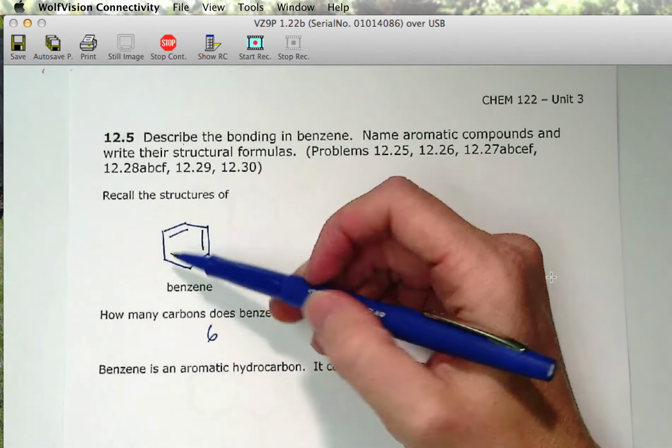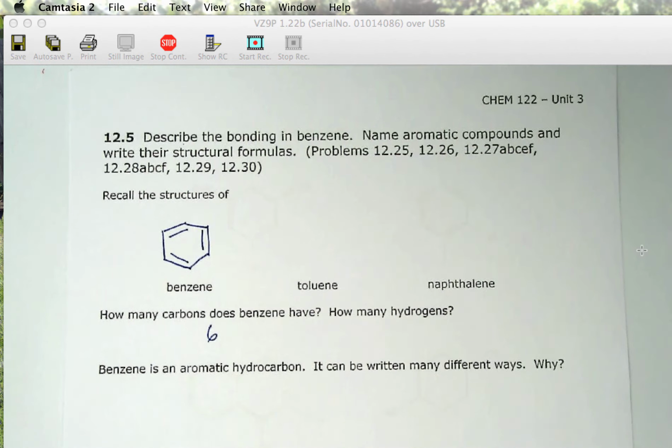Remember, each line intersection represents a carbon. You want to say 6? Good. I'll show you.